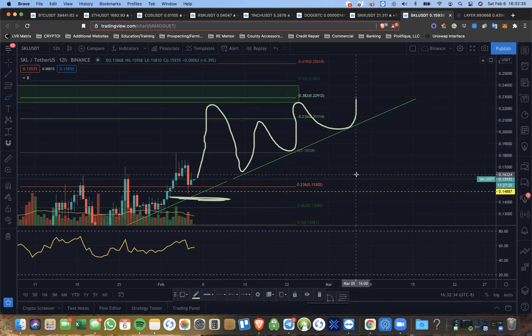Once we get to this point, what are we doing? We've got to measure. So the bottom right here is this resistance that turned to support. This 236 used to be resistance, or just about, this yellow line.